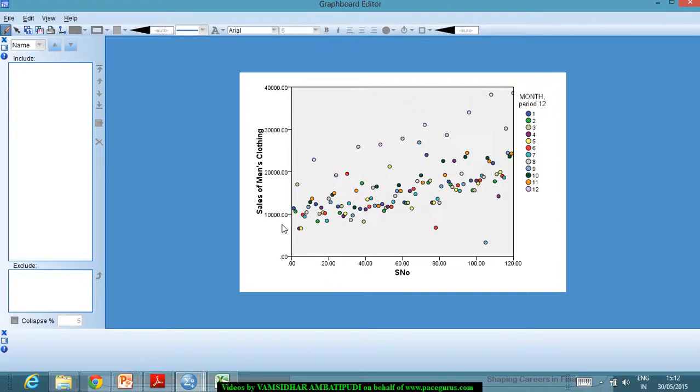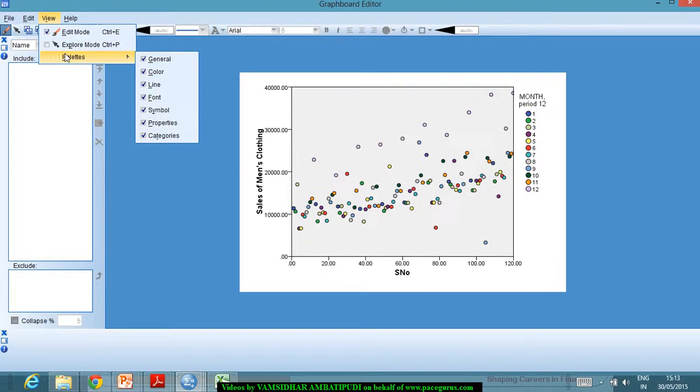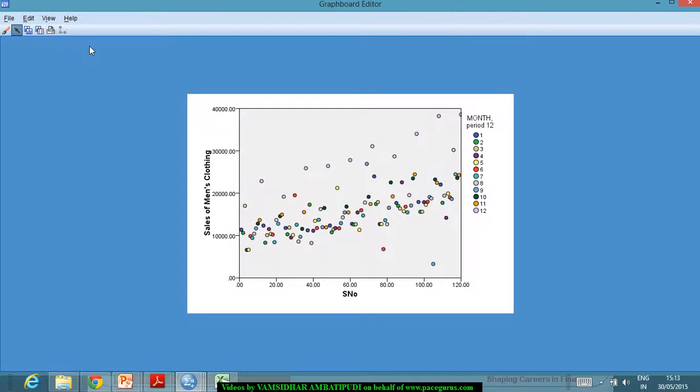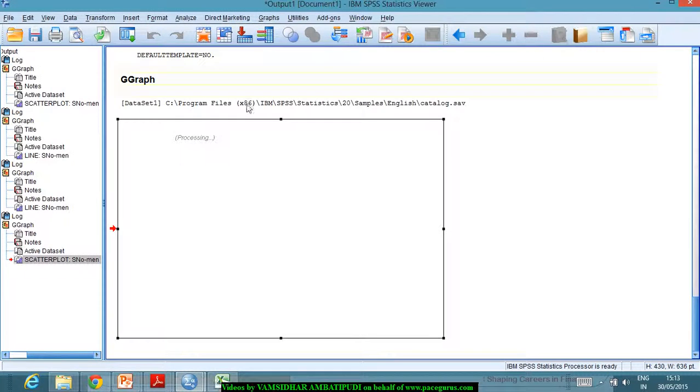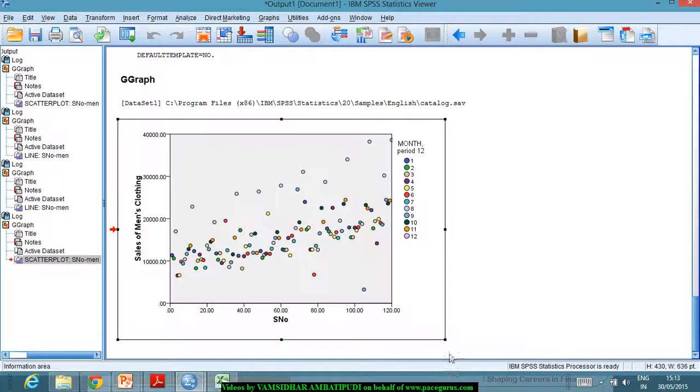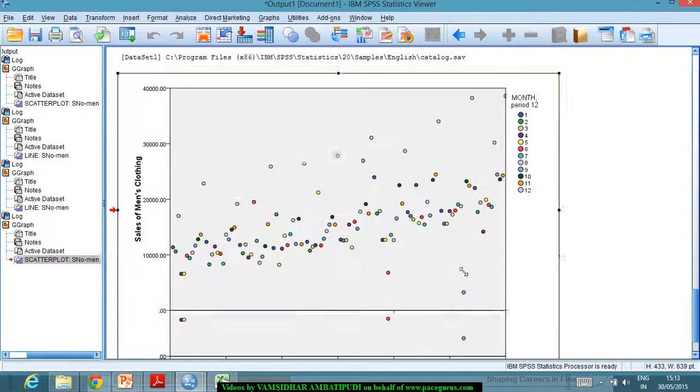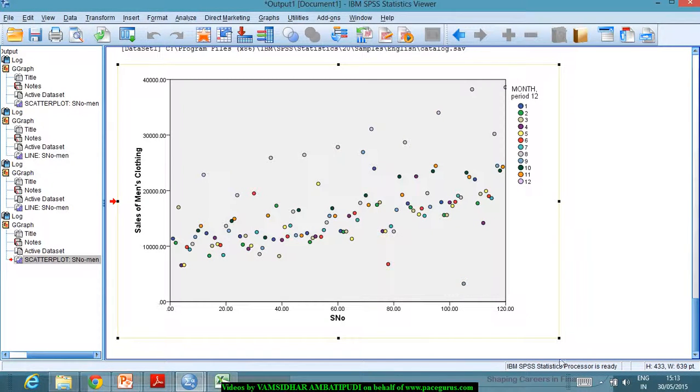Probably if this is the one, I can even think of increasing the size. If we try to increase the size, probably a little bit more clarity does come to the picture.